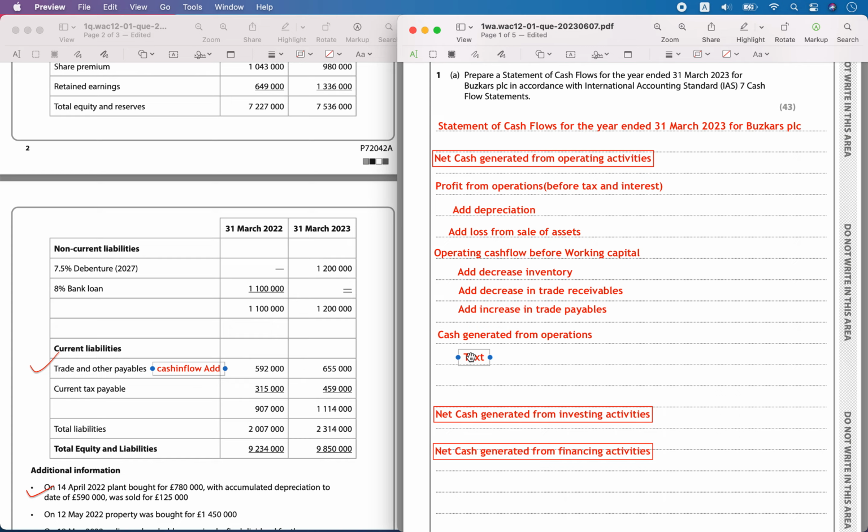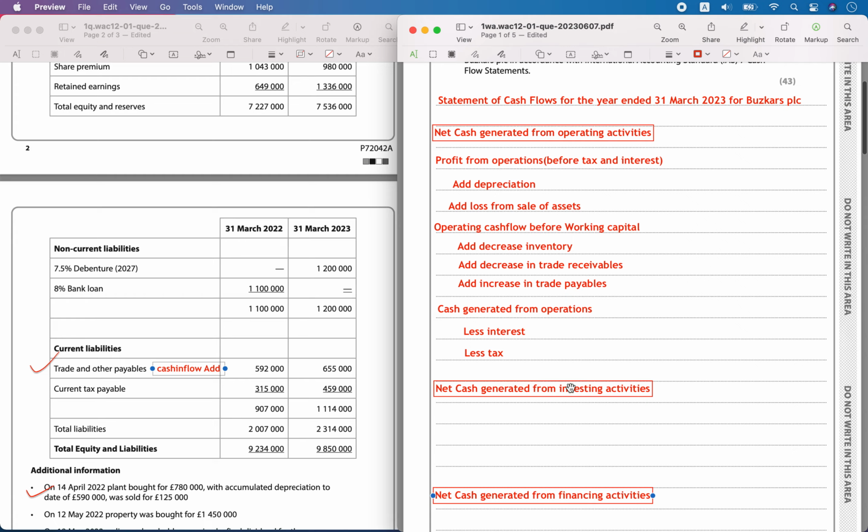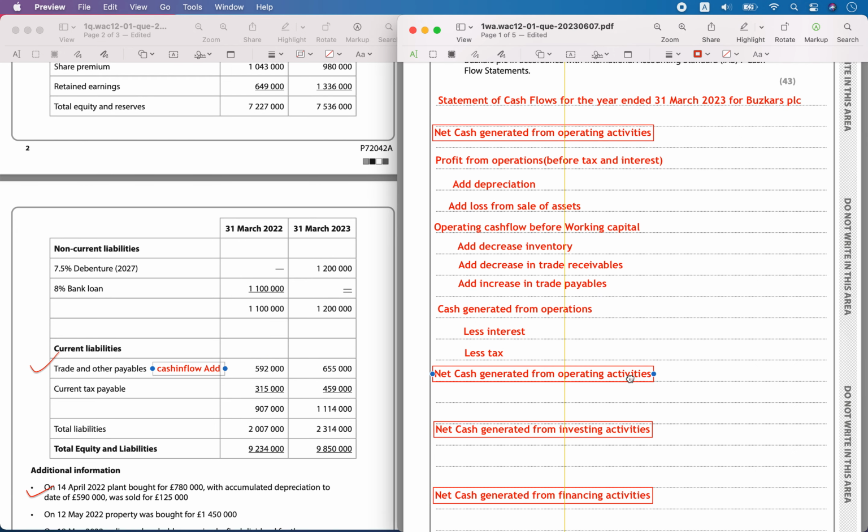Then less the interest, the loan interest payments, and less any tax paid, and finally you are going to get the net cash generated from operating activities. So this is the net cash generated from the operating activities.